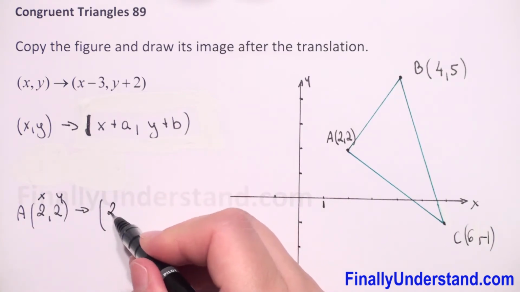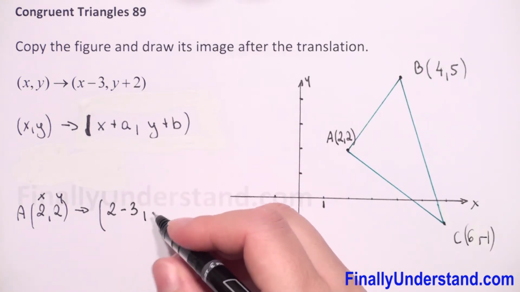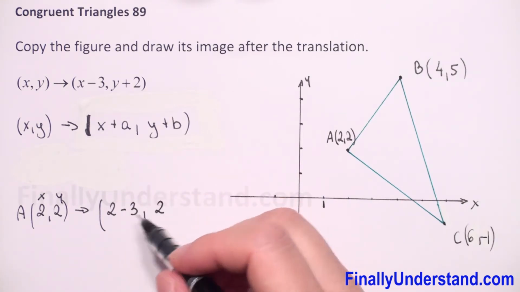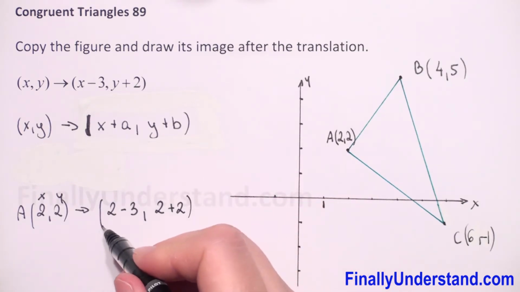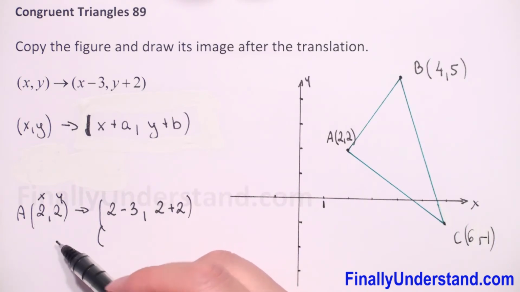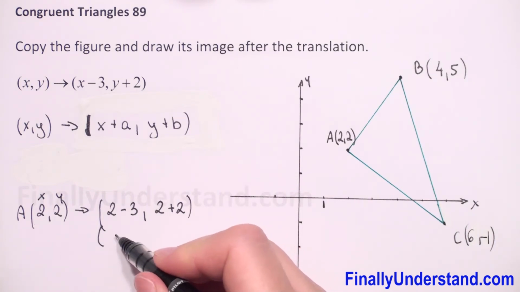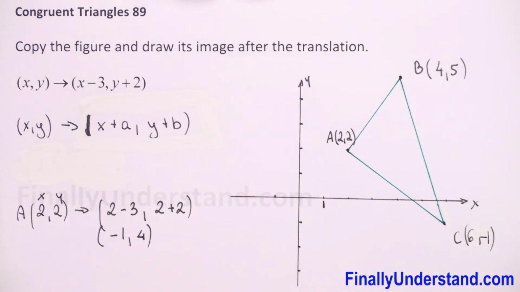So we have 2 and the rest we have to copy, minus 3, and we have 2 plus 2, because y is 2. So we have the coordinates of point A after translation. 2 minus 3 is negative 1 and 2 plus 2 is 4.